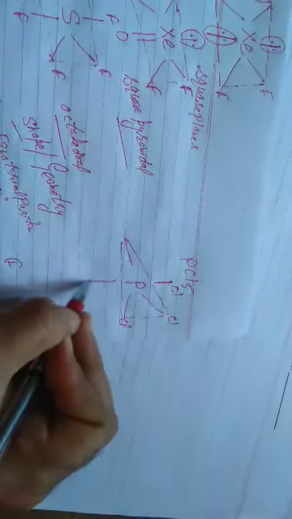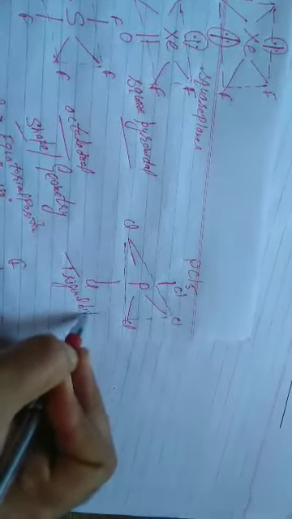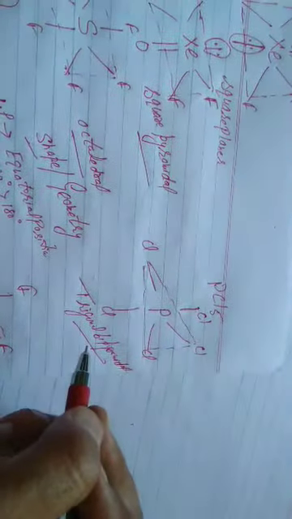It is your regular molecule. There is no lone pair because it is 5 plus 0 case. And what is the name of this shape? Trigonal bipyramidal.